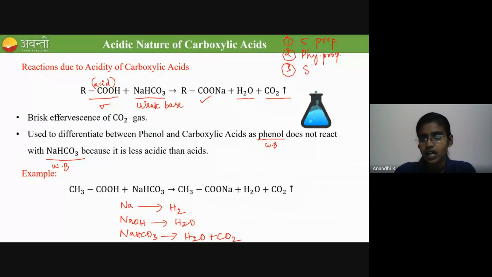Thirdly, I have discussed some structure related information of carboxylic acid, and then moving on to the chemical properties, we have discussed the acidic nature, why carboxylic acids are more acidic, and the reactions due to acidity of carboxylic acid. Okay. So in the next class, we can continue the chemical properties. Mostly we can conclude this lesson by tomorrow and then start a new lesson.